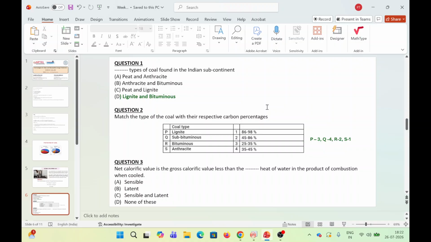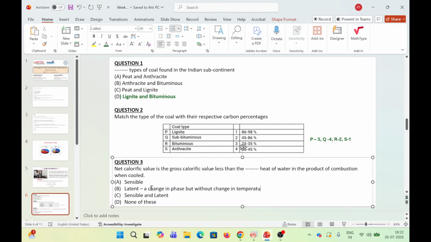So in case of latent, there is a change in state and there will not be any change in temperature, right? Yes. A change in phase, but without changing temperature. Something like hidden, that is what the word latent actually means.